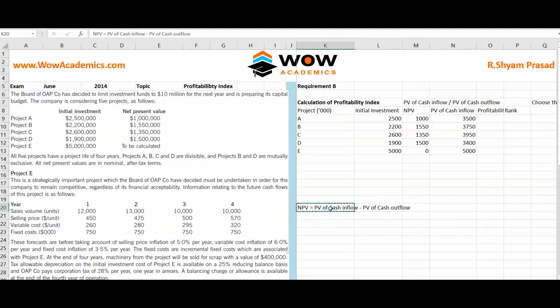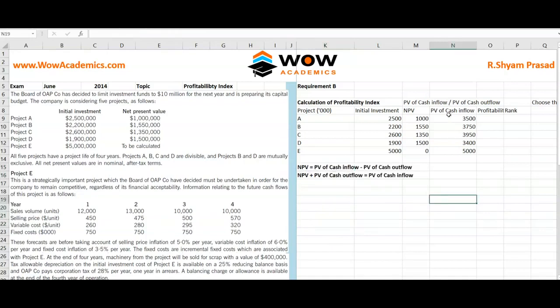So in order to know the present value of cash inflow, this outflow moves from here and gets added with the NPV and we get the answer. If you want, we'll have these numbers here so that you understand how it works. So that's how we got our present value of cash inflow.